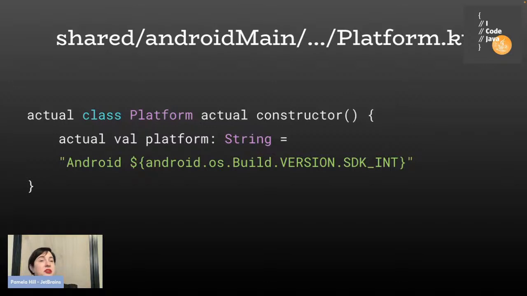But I want you to notice something else here that's quite interesting, is that it has quite a number of actual keywords, a proliferation of actual keywords. And that is basically telling us, it's also a new keyword in Kotlin, and it basically tells us that whenever you have this expect keyword, it matches this actual keyword so that they correspond to each other. And whenever you're looking for the actual platform implementation of what was happening in commonMain, here it is.